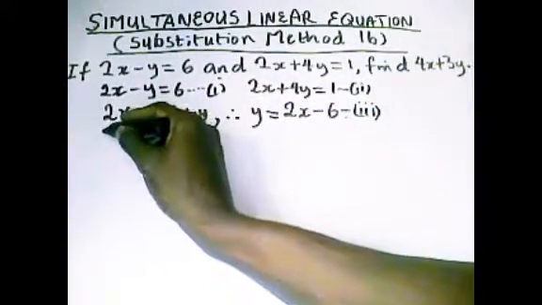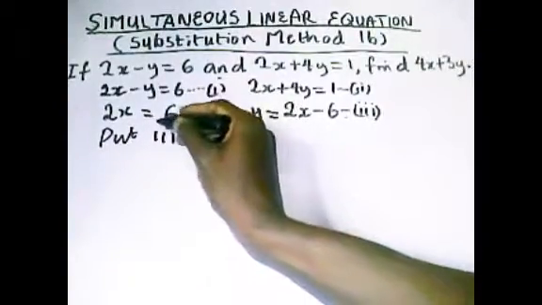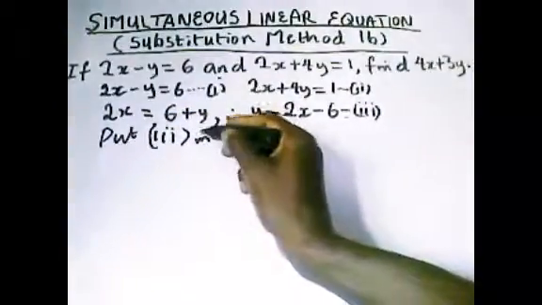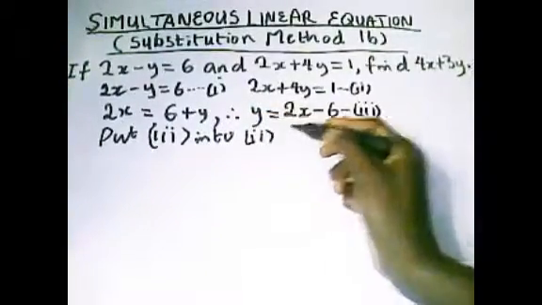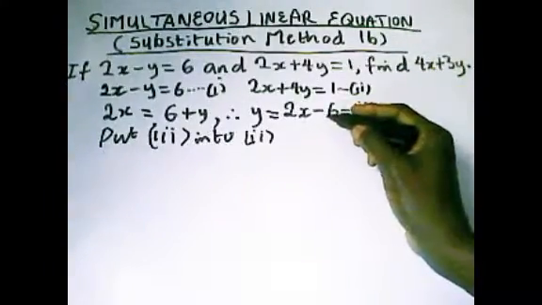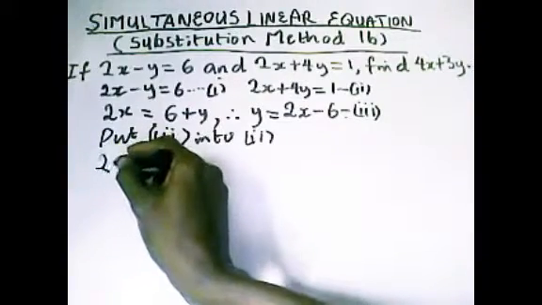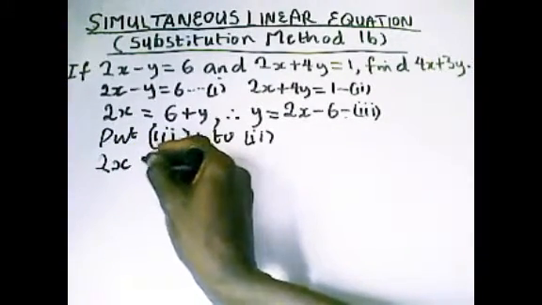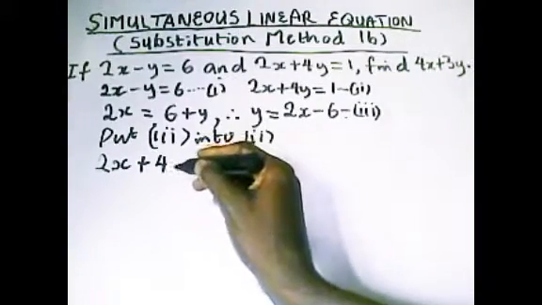In the next step we are going to put 3 into 2. So we are going to take our equation 3 and put it into equation 2. In equation 2 we have 2x plus 4y, but y now has a value.